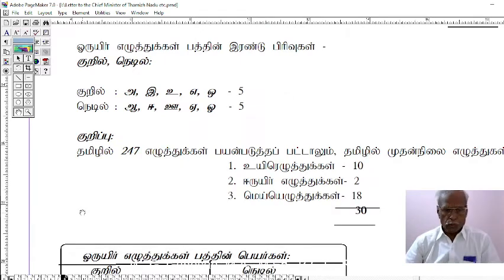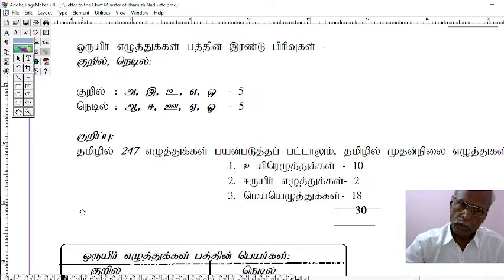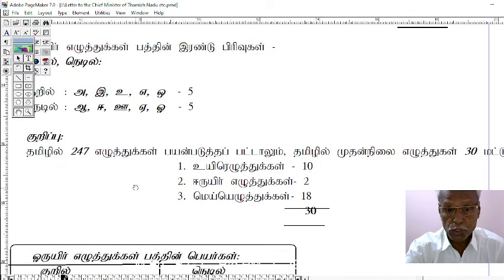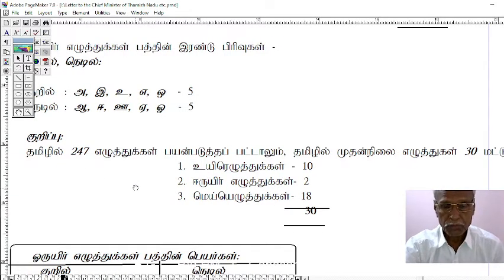Dear teachers and students, though 247 letters are used in Tamil, the primary letters used in Tamil are only 30. That is 10 single vowels, 2 diphthongs and 18 consonants.